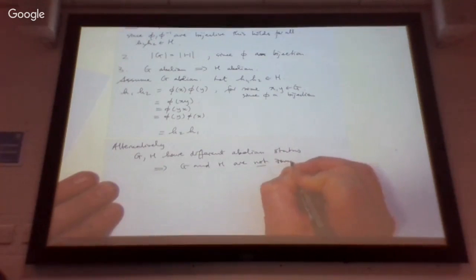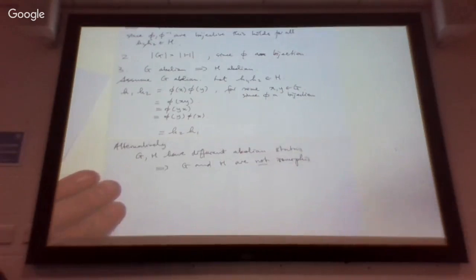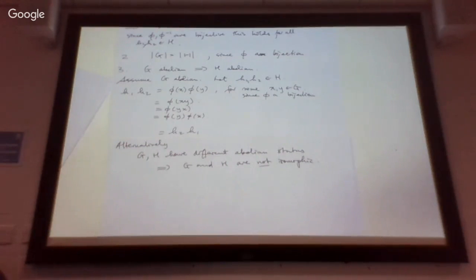And that fits with the idea of structure-preserving maps, because if they're different abelian status, it means they've got different structure, different group properties, so they can't be isomorphic.